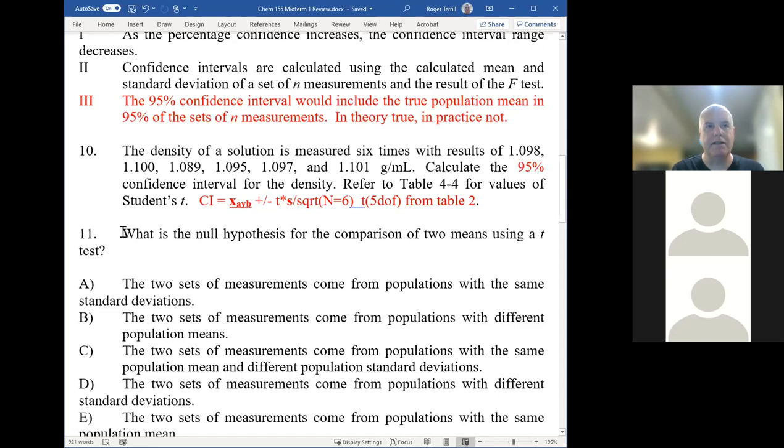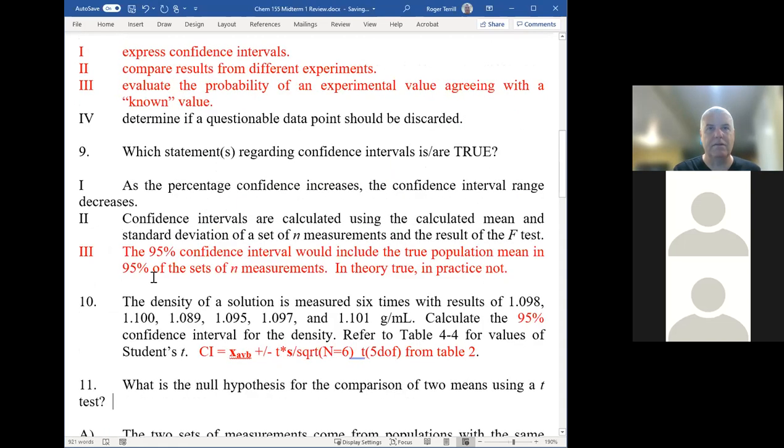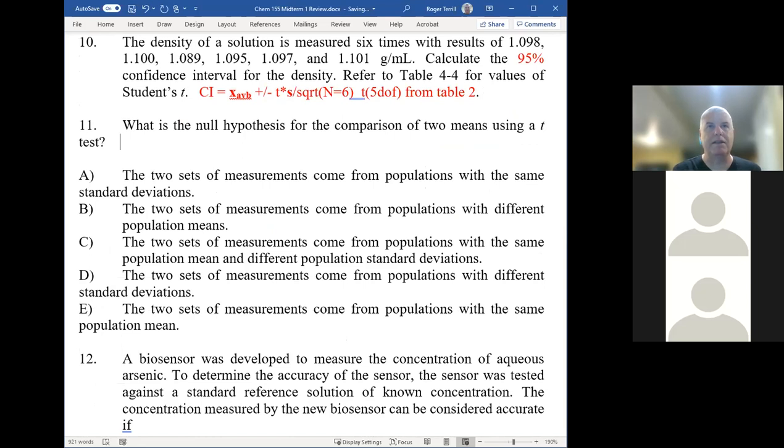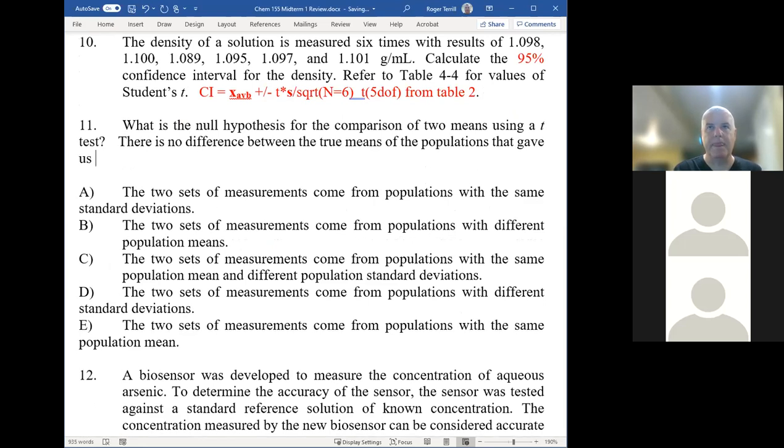The null hypothesis for comparing two means using a t-test. I believe the null hypothesis is that there is no difference between the true means of the populations that gave us the two averages above.